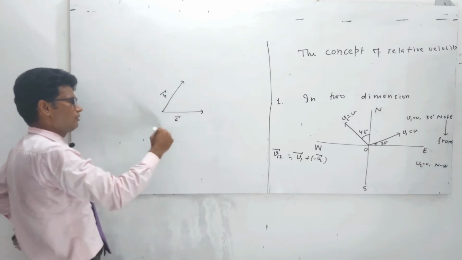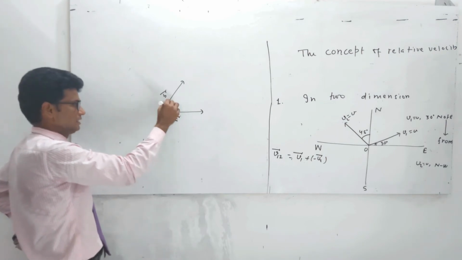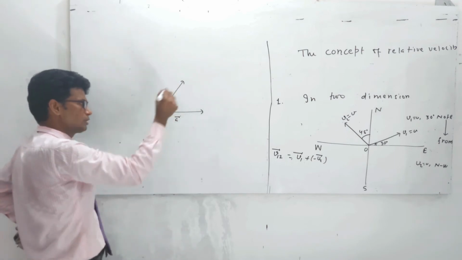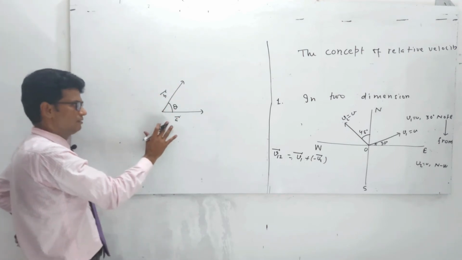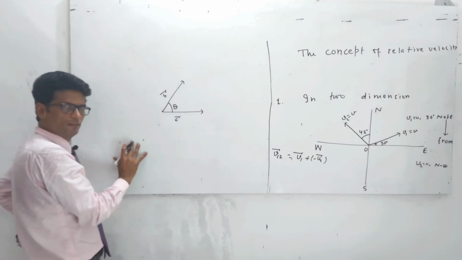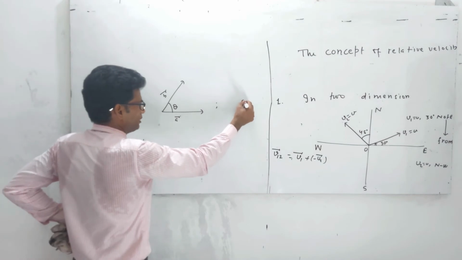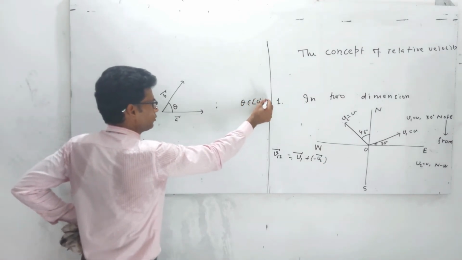The smaller of the two angles is taken as the angle between the vectors, say theta. The resultant passes through the smaller angle. You may perform the experiment and see in which direction the resultant passes. However, there is a condition on theta: theta belongs to the closed interval 0 degree to 180 degree.